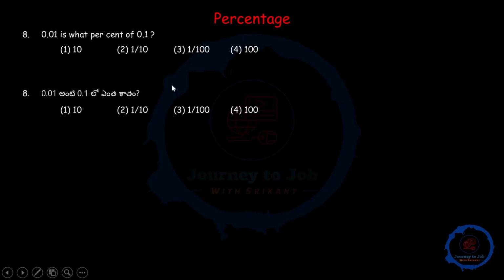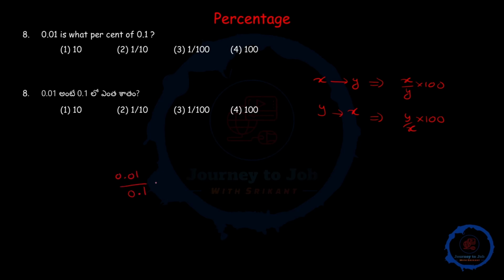Next, question number 8. Asking 0.01 is what percent of 0.1, similar to X is what percent of Y, means X by Y into 100. If Y is what percent of X, means Y by X into 100. We know all these formulas. So similarly, applying here, 0.01 by 0.1 into 100.